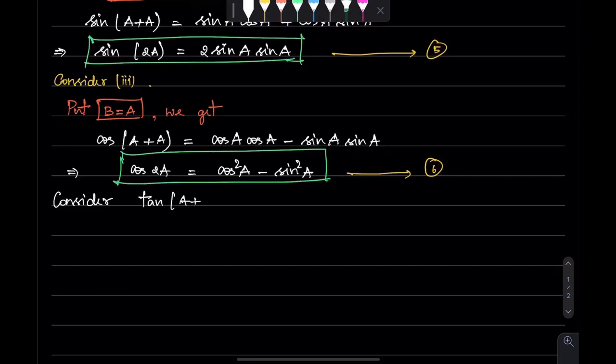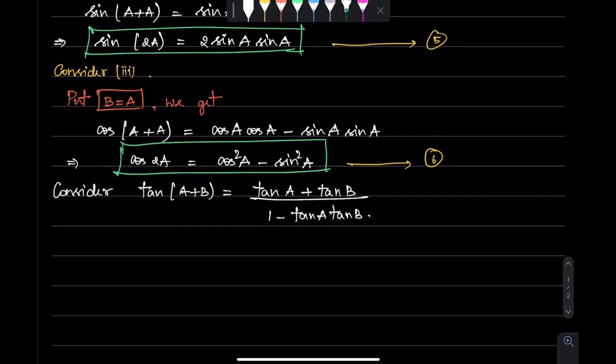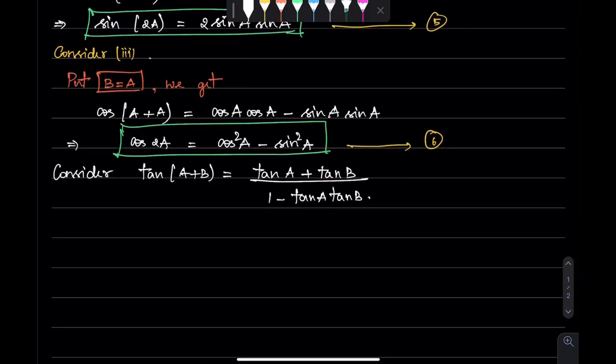What is tan a plus b, children? Tan a plus b is, we all know, tan a plus tan b divided by 1 minus tan a tan b. So what do I get here if I put b is equal to a?